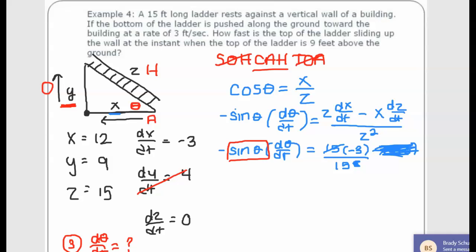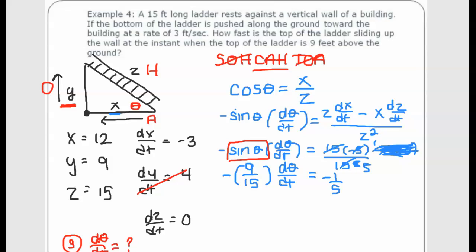So I can replace sine theta. So it becomes negative, and sine is opposite, which is y, over hypotenuse, which is z. d theta/dt equals negative 3 over 15. But they both divide by 3, so negative 3 over 15 becomes negative 1/5.